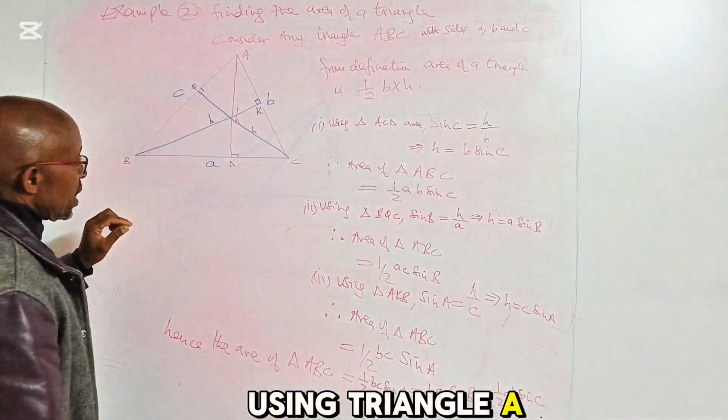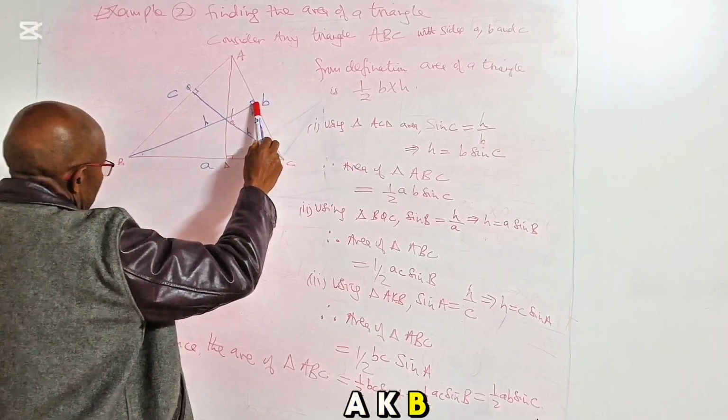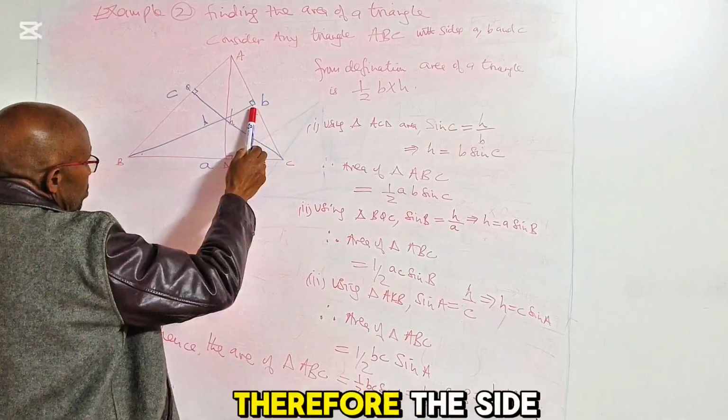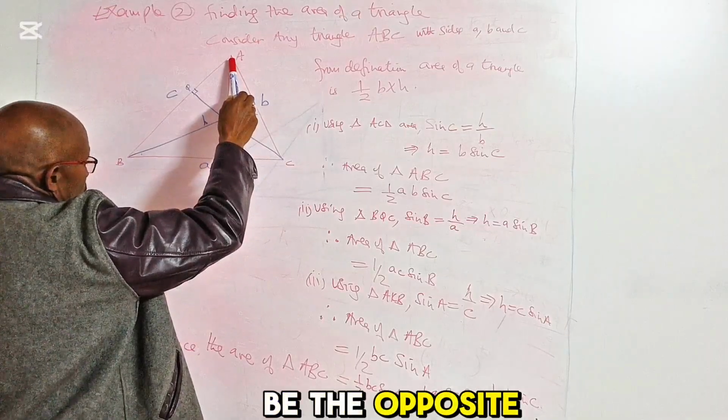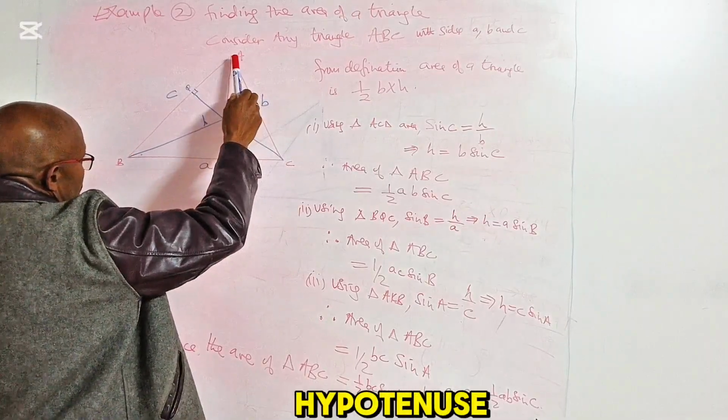Using triangle AKB, we have our height as BK. Therefore, the sine of A will be the opposite, that is BK, all over the hypotenuse, which is c.